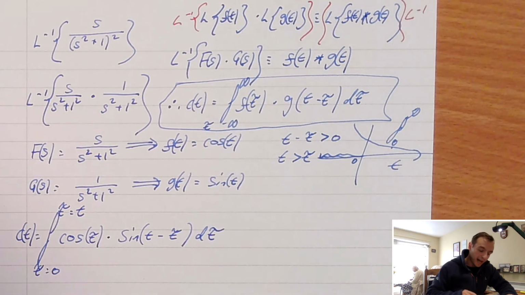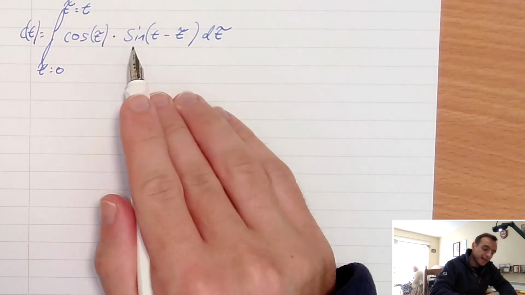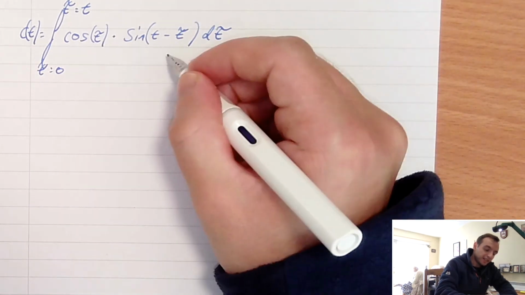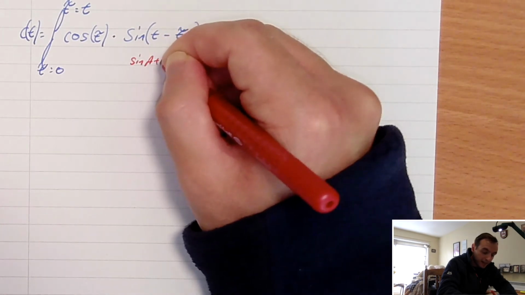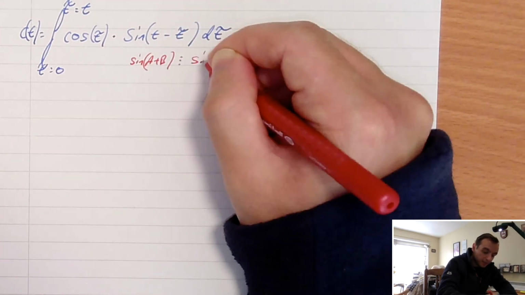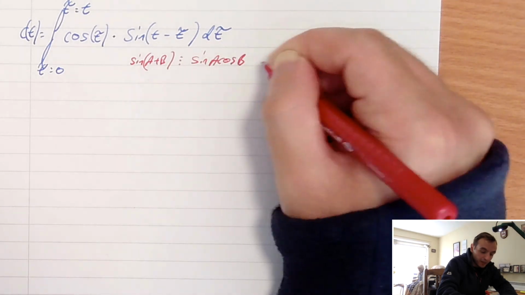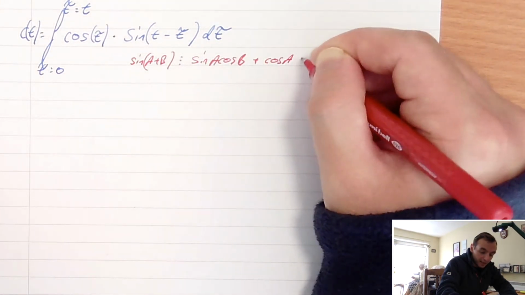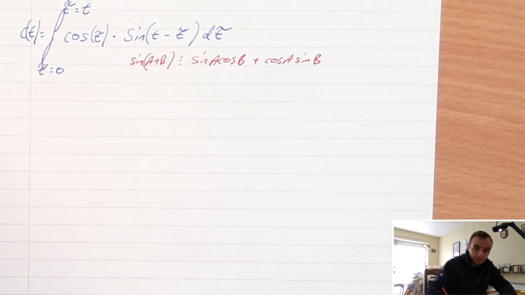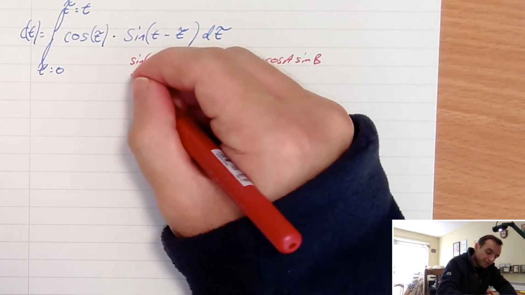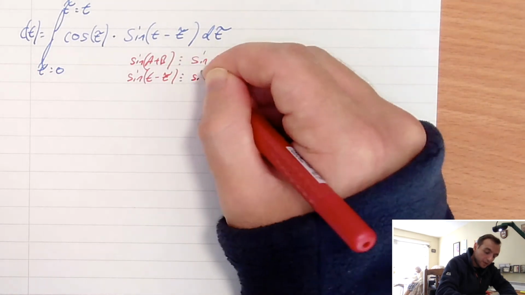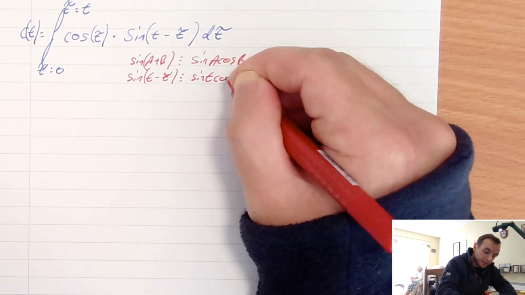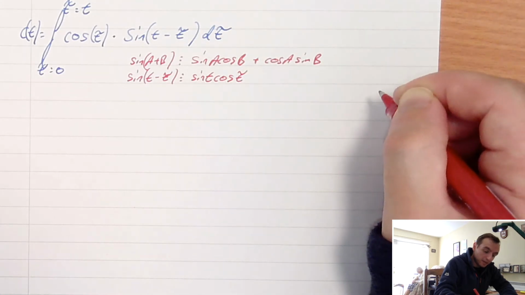So let's have a go and try to solve this integral. The first thing to note is that sine of t minus tau should register a trig identity. Sine of a plus b is identical to sine a cos b plus cos a sine b.